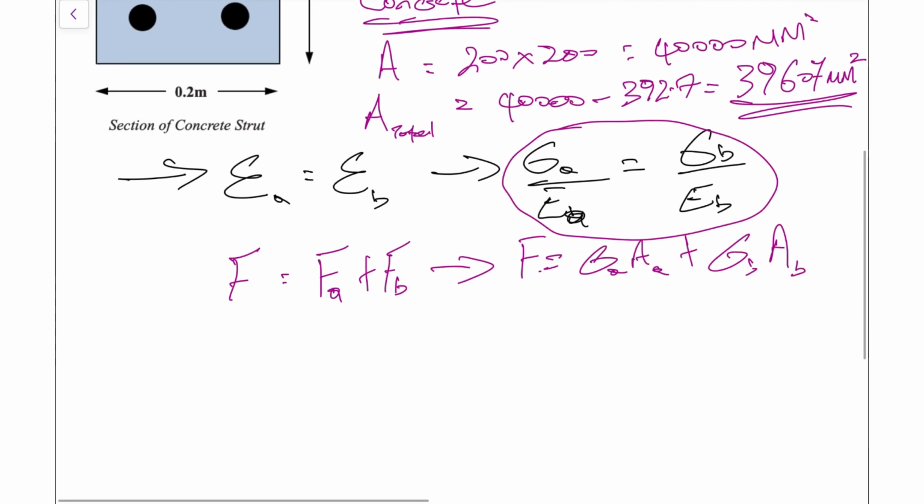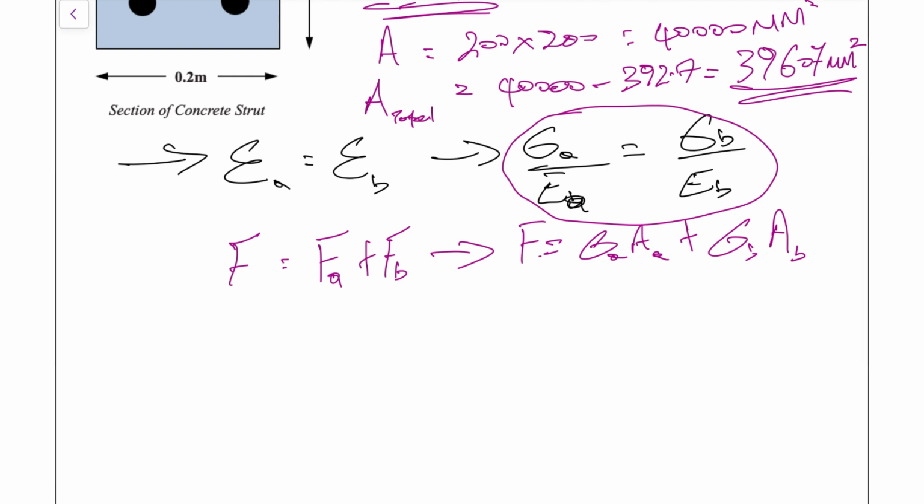Stress A, when we rearrange this one up top here, I'll just highlight that so you see where I'm pointing, that one. Stress A would just be stress B times modulus of elasticity A over modulus of elasticity B. And we can substitute that right there. And that's exactly what we're going to do now to get our formula for force.